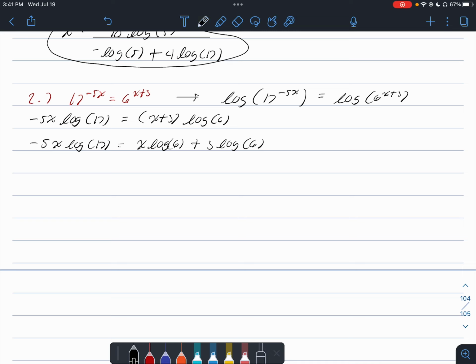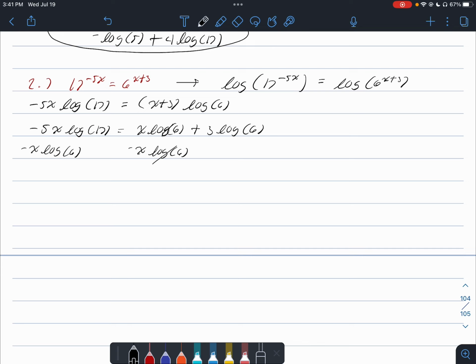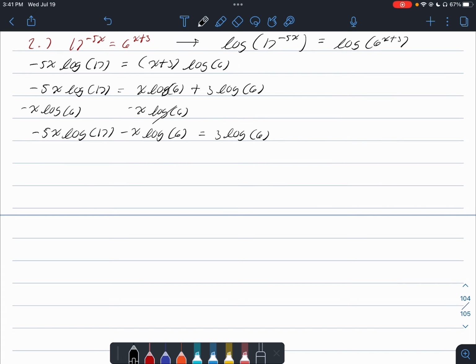Okay, let's see if we can get all of our x's on one side. So let's go ahead and take x log 6 away. And we'll end up with negative 5x log 17 minus x log 6, and that's going to be equal to 3 log 6.